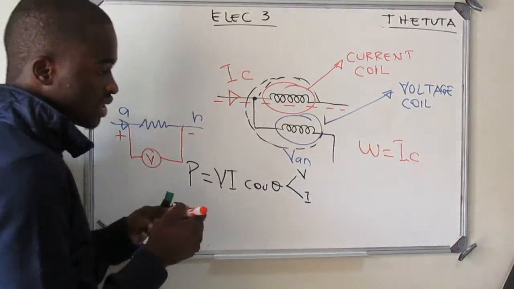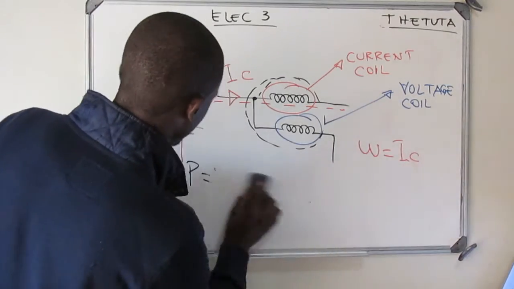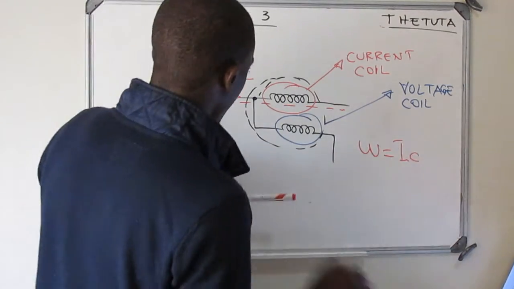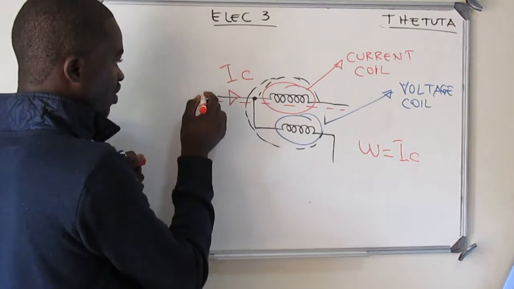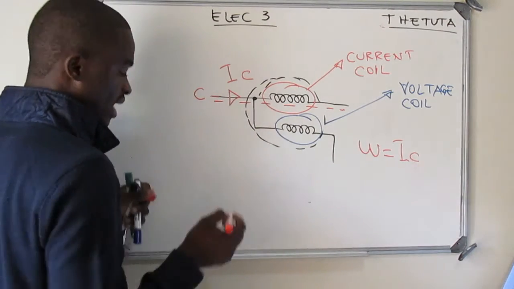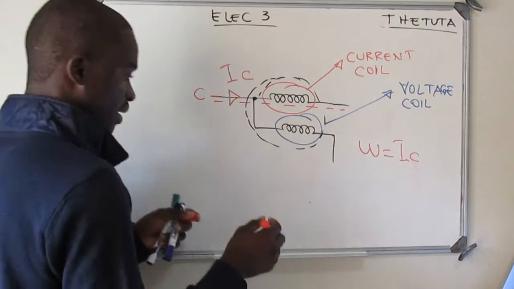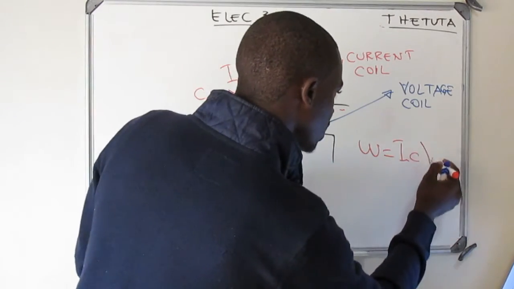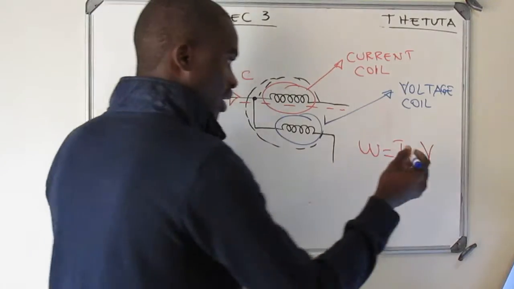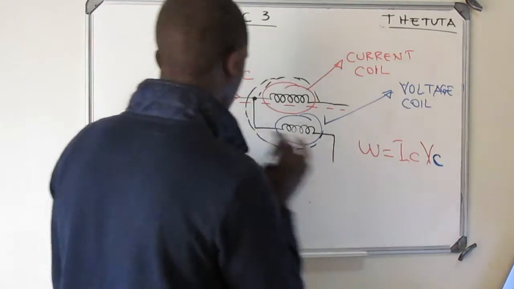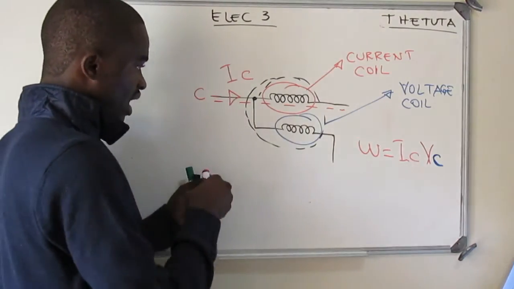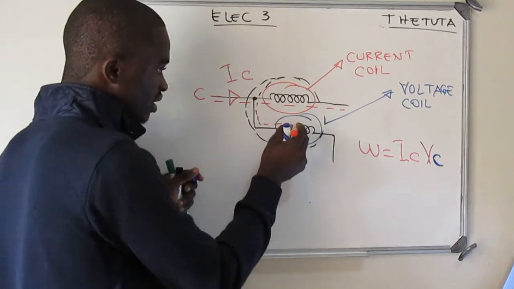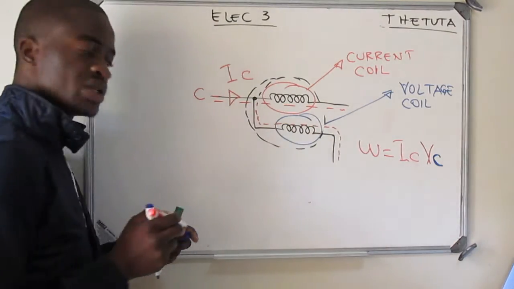Okay? So for instance, as you can see, I have one leg. This leg, for instance, is coming from C. So I can come here and say this voltage here, the potential is C, because the current that is flowing is the current from C. Can you see that?